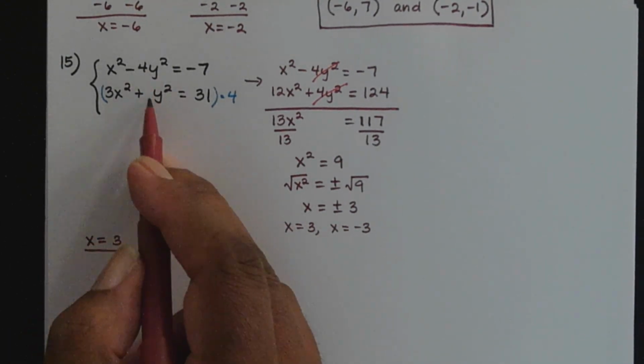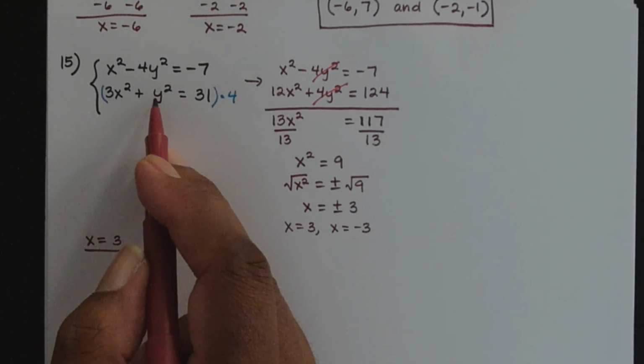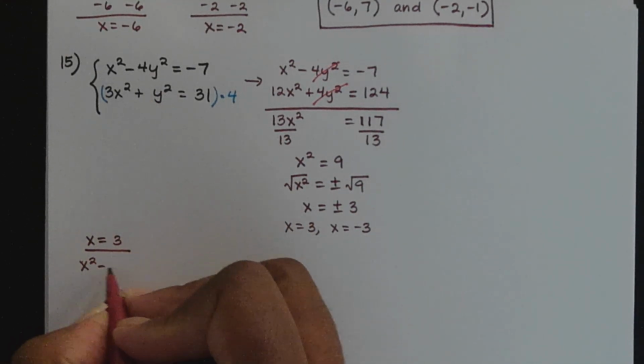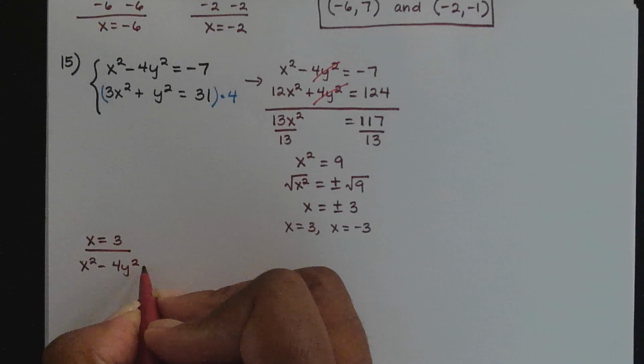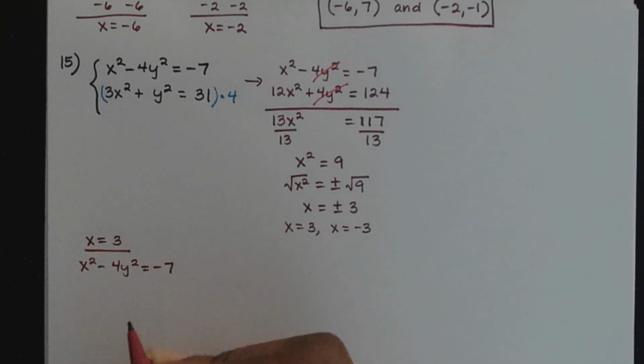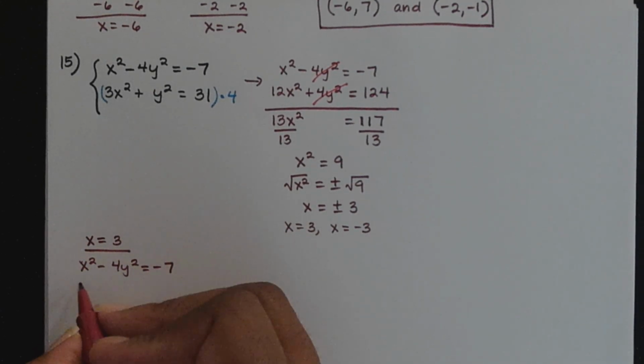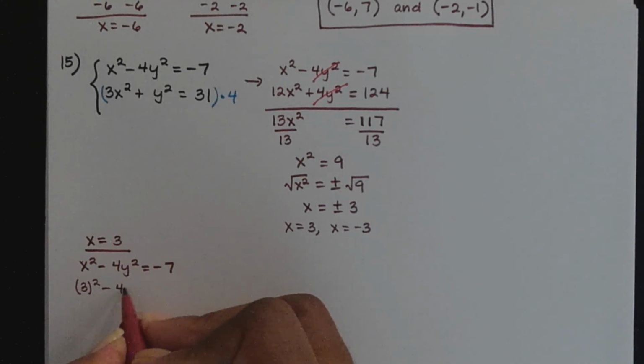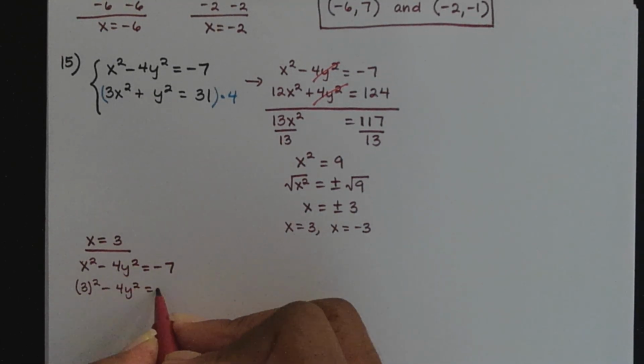And I can use either one of these two equations here. Let's see, I'll use that first equation, x squared minus 4y squared equal negative 7. And then replace that x with the 3, so it'll be 3 squared minus 4y squared equal negative 7.